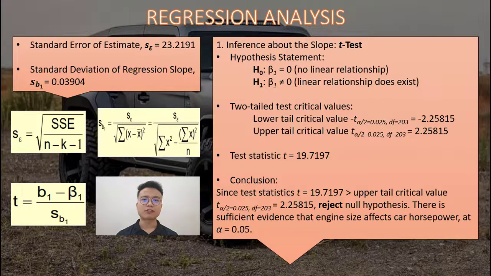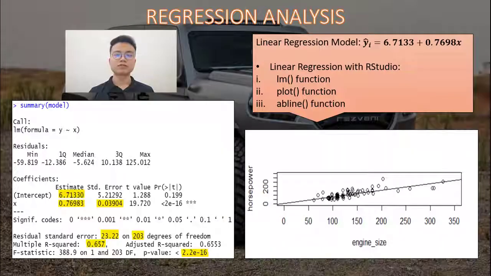We have sufficient evidence to conclude that the engine size will affect the value of the horsepower at alpha equals 0.05. So to finalize, our linear regression model equation will be the estimated value y equals 6.7133 plus 0.7698x.